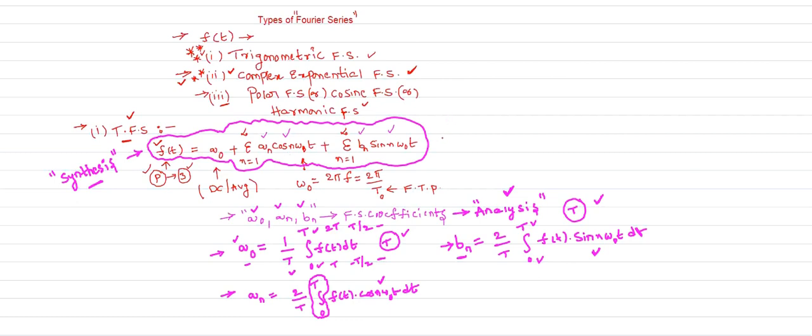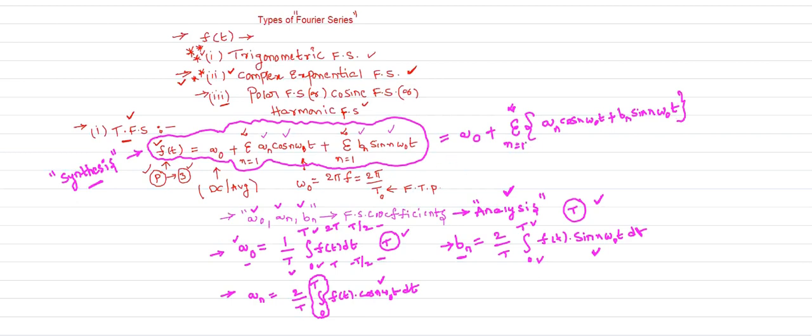You can also write this equation directly like this: a0 plus sigma n equal to 1 to infinity, an cos n omega naught t plus bn sin n omega naught t. So you can club those two equations.